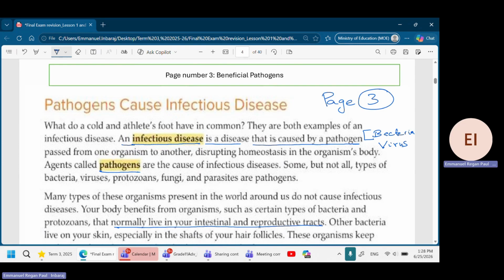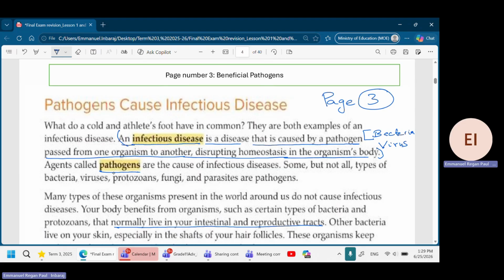If a disease is caused by a pathogen, and it is passed from one organism to another, disrupting homeostasis, then it is called an infectious disease. An infectious disease is a disease that is caused by a pathogen, passed from one organism to another, disrupting homeostasis in an organism's body.